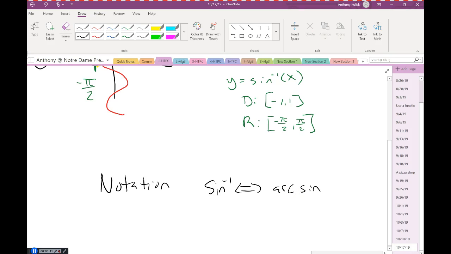Just as a notation thing, arc sine was much more common 30, 40 years ago probably, and probably previous. Not as common of a notation anymore, but it's still used here and there. But we're just going to use those interchangeably in this course. More often than not, I'll say sine inverse, but there may be problems you'll see that involve an arc sine or something.